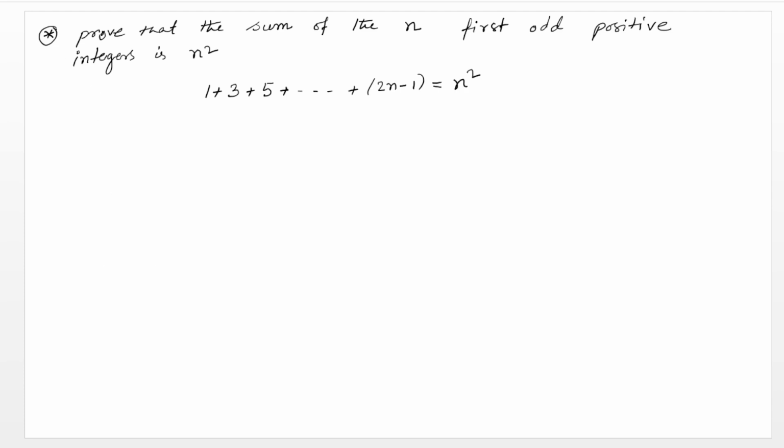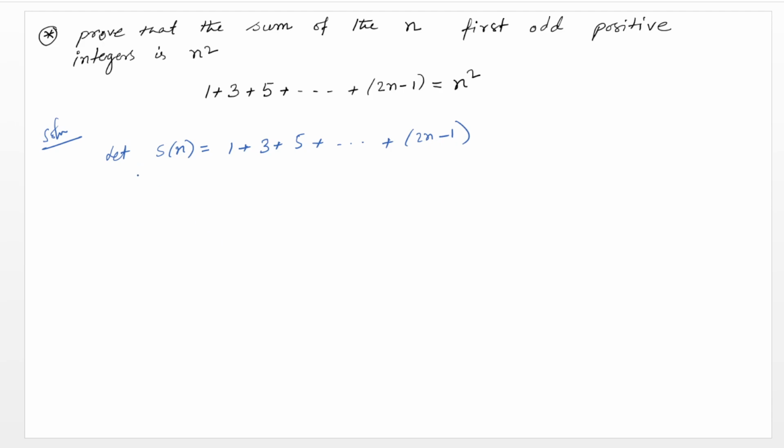So how can we prove this? The solution will be: let S of n equal 1 plus 3 plus 5 plus up to 2n minus 1.